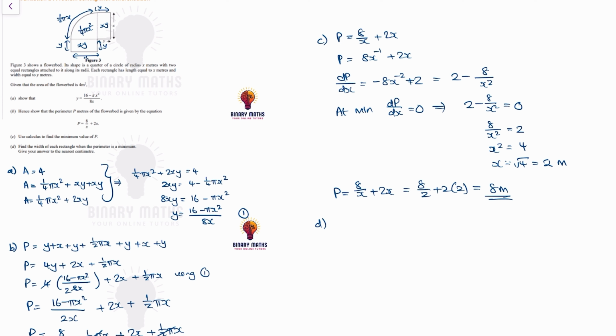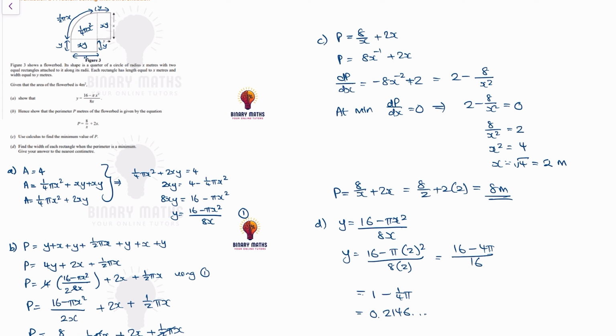So we know y is equal to (16 minus pi x squared) over 8x. So y will be equal to (16 minus pi times 2 squared) over (8 times 2), which is equal to (16 minus 4 pi) over 16, which is equal to 1 minus a quarter pi, which is equal to 0.2146 and so on.